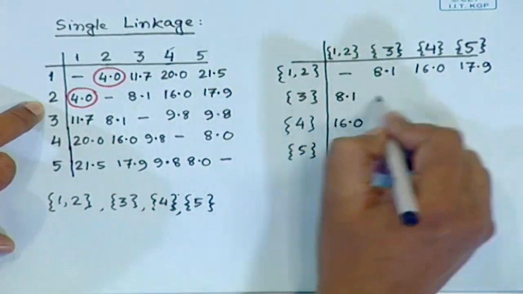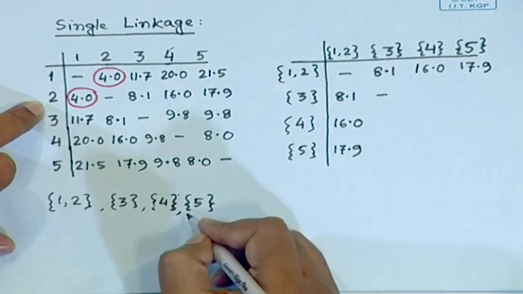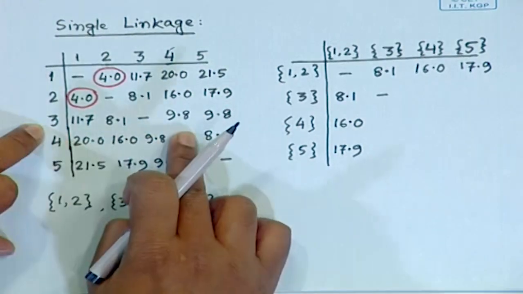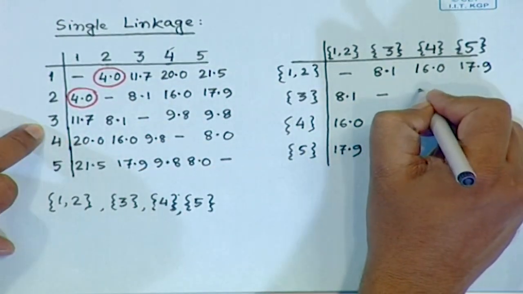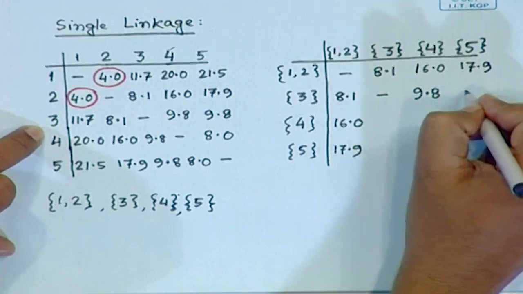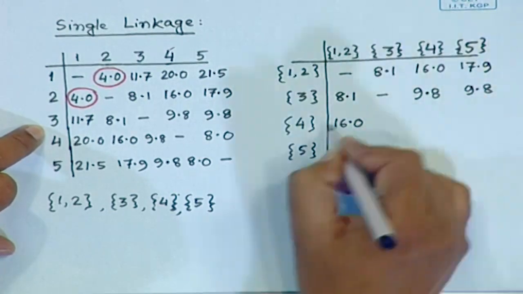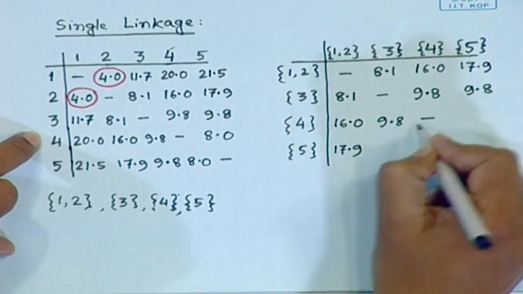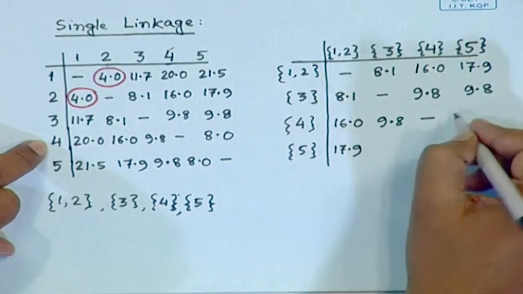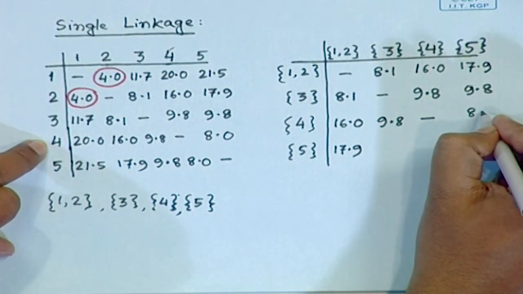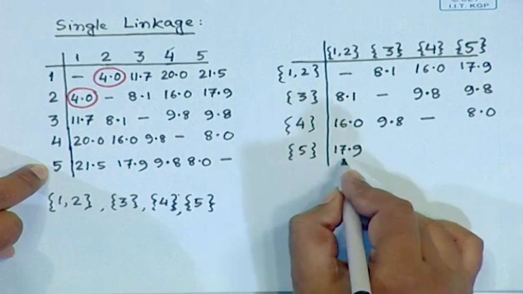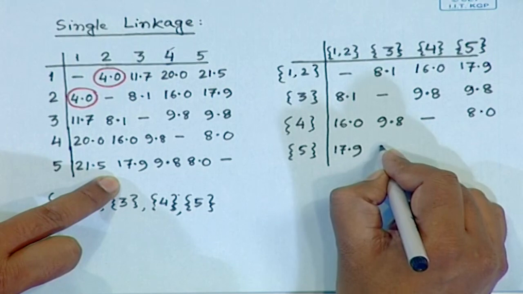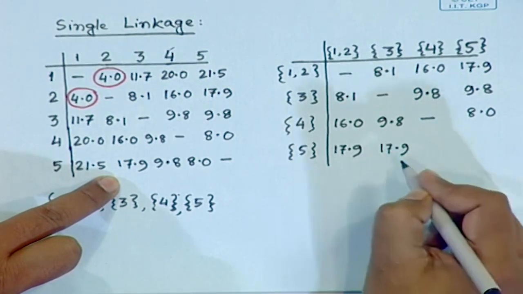Then the distance between 3 3, obviously it is 0, I do not need it. 3 4, because 3 and 4 still remain as singleton sets, it is the same distance value which will repeat. 9.8, here also 9.8, 4 3 9.8, 4 4 is 0, 4 5 it is 8.0, then 5 3 it remains as 17.9.